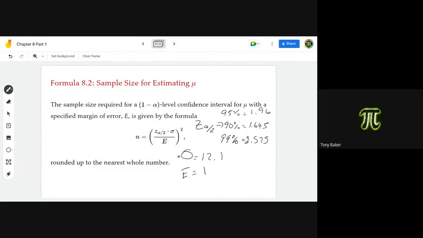If we look at this formula, we're going to do 95%, so 1.96 times the 12.1, and we're dividing it by 1, and then we're squaring.